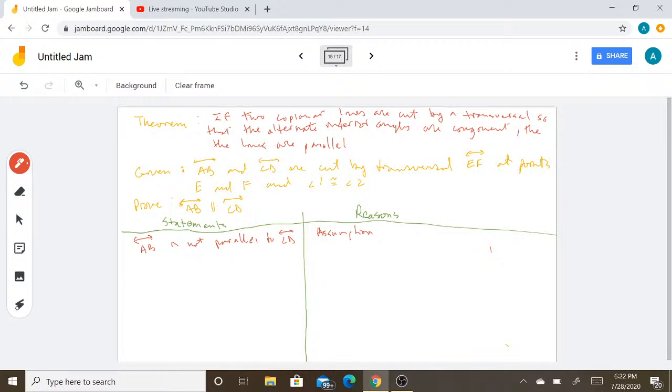As you can see, the assumption is the complete opposite of the proof. So we are going to disprove this assumption in order to prove this over here. And of course, we know what we're given. So the first step was to assume. The second step was to use what we're given.